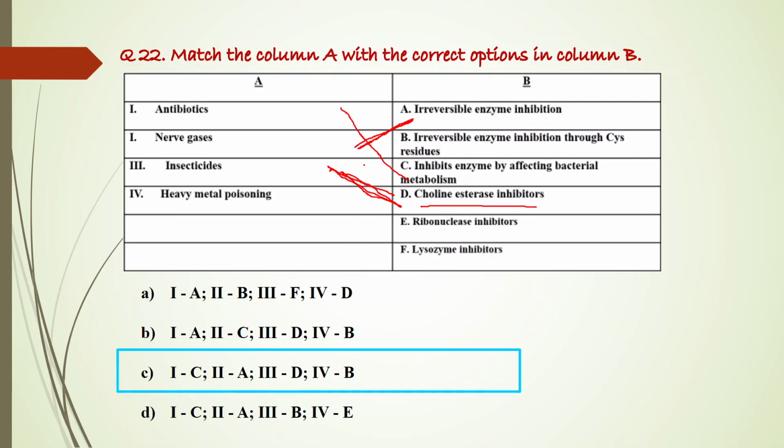If it can stop the bacterial metabolism, then it can stop their spreading or their replication. So that means antibiotics do that job by inhibiting the enzymes that are responsible for bacterial metabolisms. Okay. And the 4th option is heavy metal poisoning.